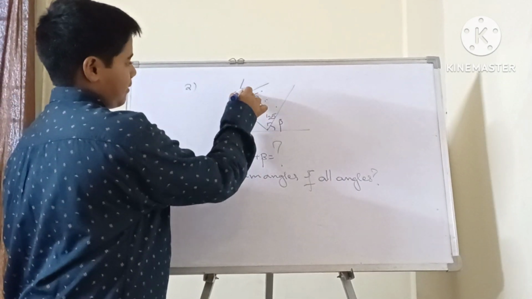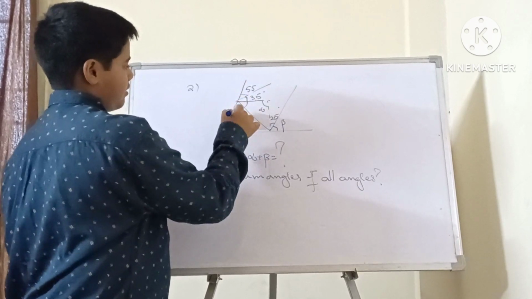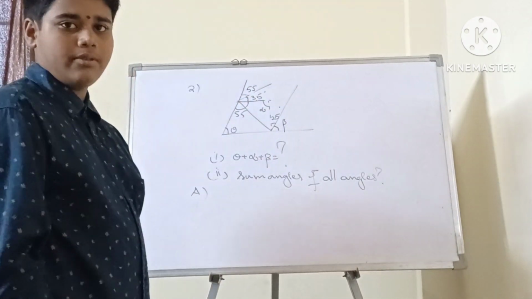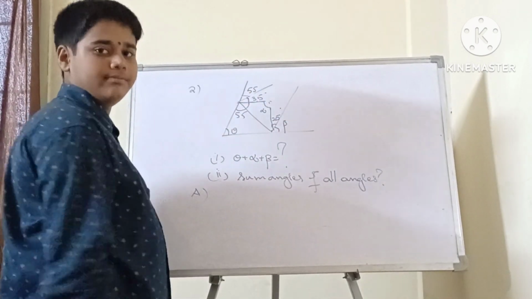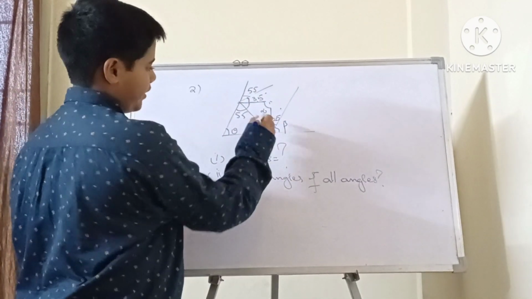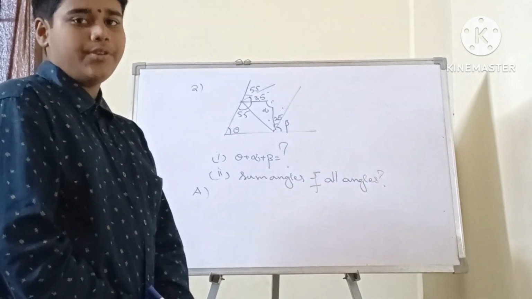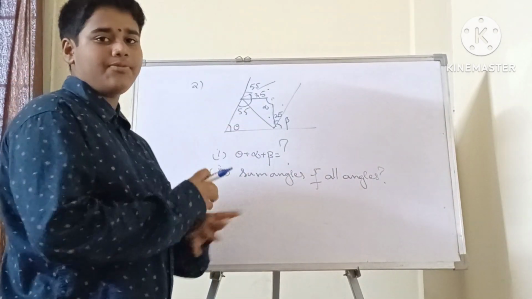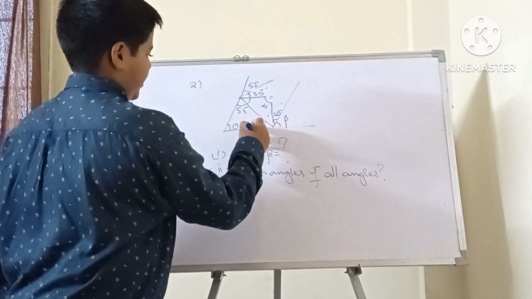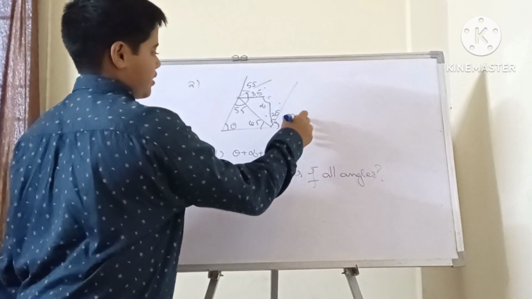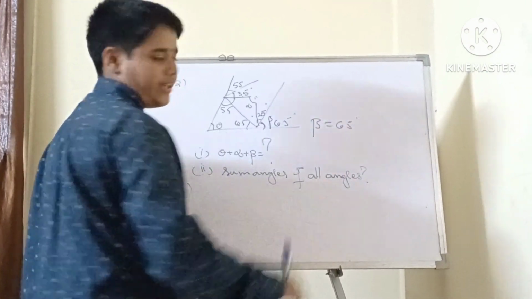So 110 means this is 55 and this is 55. Here they give incidence angle 25, so 25 plus 25, 50. 180 minus 50, 130, so this is 65 and this is also 65. Here beta is equal to 65.